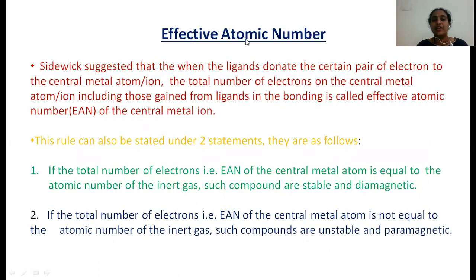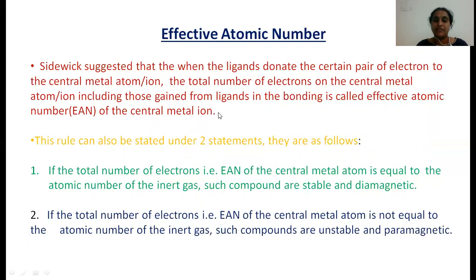Next, coming to effective atomic number. Sidgwick suggested that when ligands donate certain pairs of electrons to the metal ion, the total number of electrons on the central metal atom, including those gained from ligands in the bonding, is called the effective atomic number of the central metal ion.